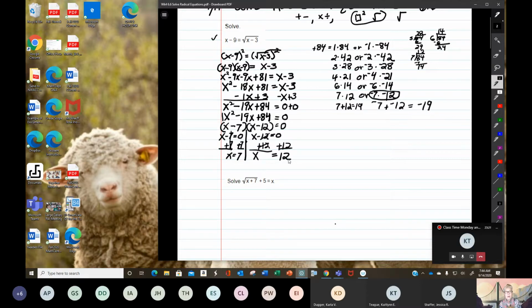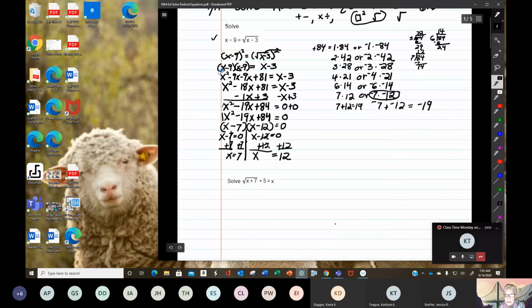But the thing with radical equations is that you can work every step correctly and get the wrong answer. Because here's the hard part of dealing with radical equations.